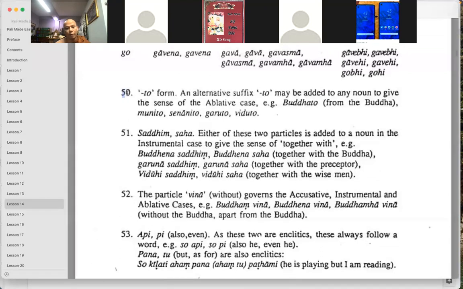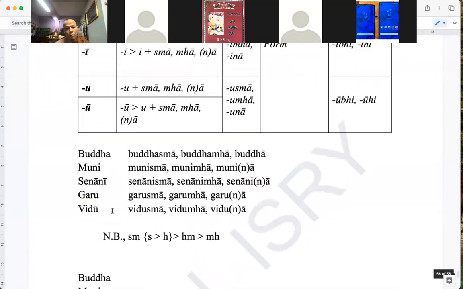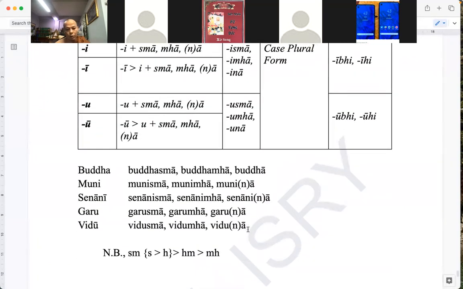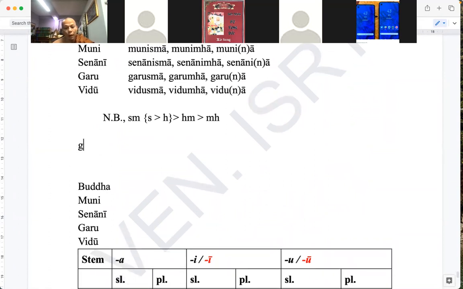Here, paragraph number 50, the to form. Sometimes, instead of sama or ma or a, the to form also can be used, for example Buddhato. Commonly we find it with a place, like gama.